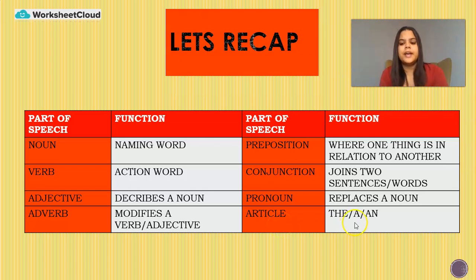We have the, which is a definite article, and then a and an, which are indefinite articles. But for the purposes of this lesson, we're only going to focus on the word article. Right. Let's move on.